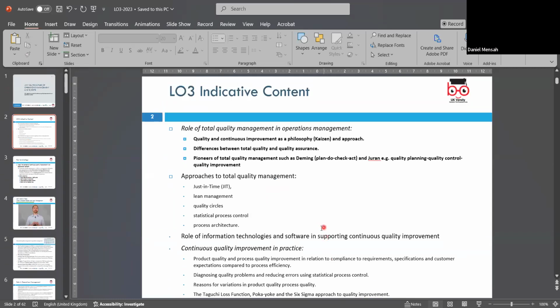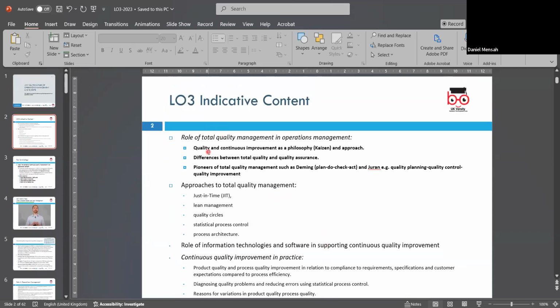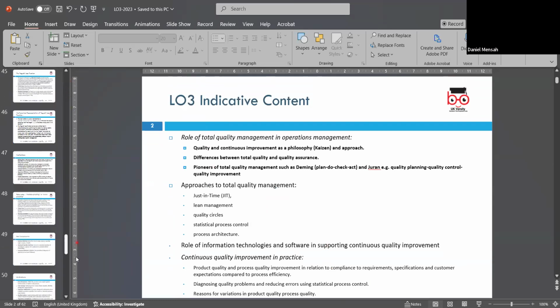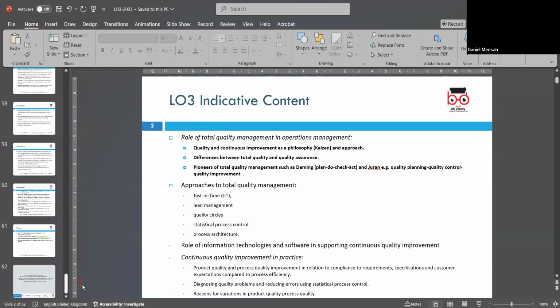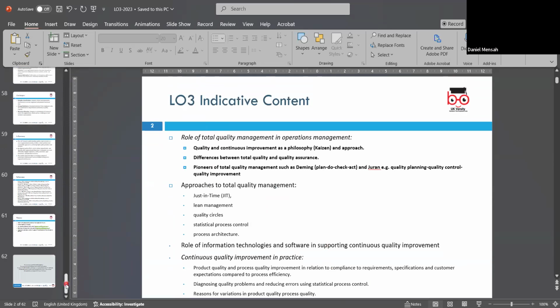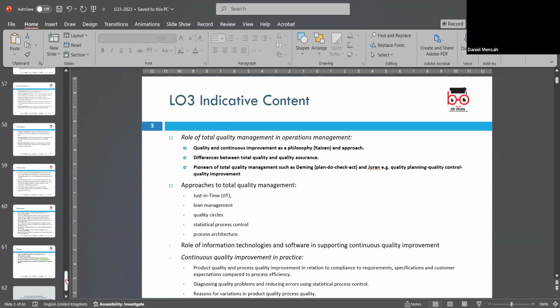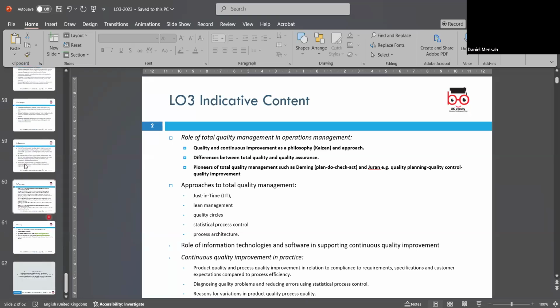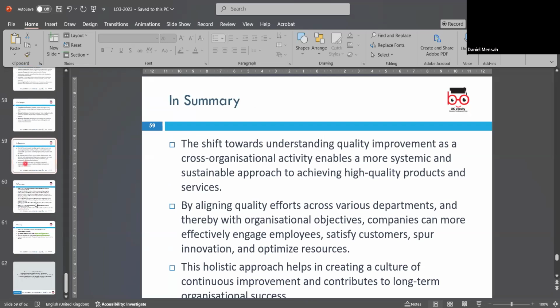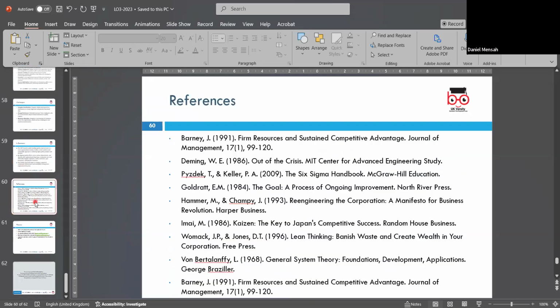Next week, we will be starting learning outcome number 4. As homework, whatever approaches we have used, they have some kind of implication. More or less, they bring some repetitive benefits, but some approaches come with a distinct benefit. So in crux, if you want to make a well-rounded quality management strategy, you need to embed more than one approach into your system.